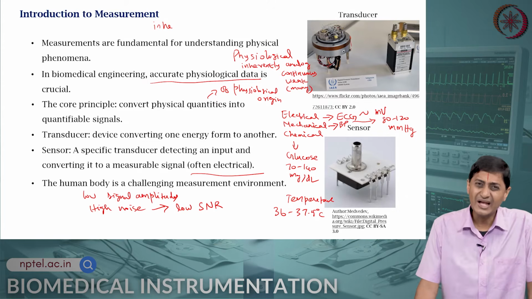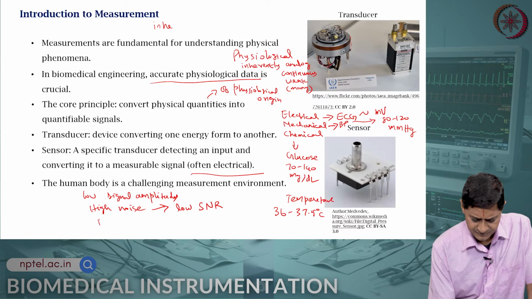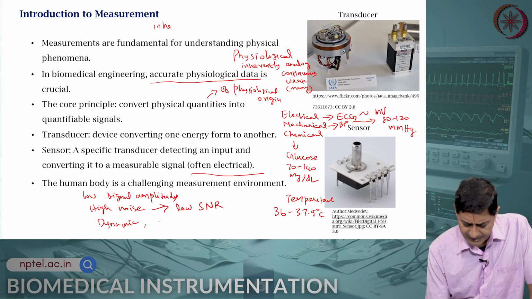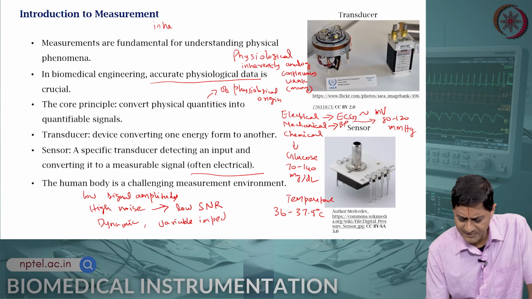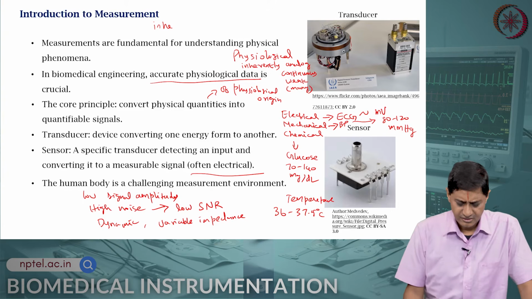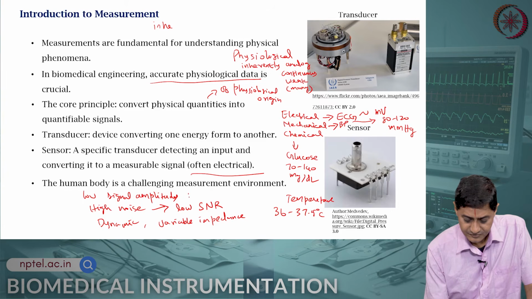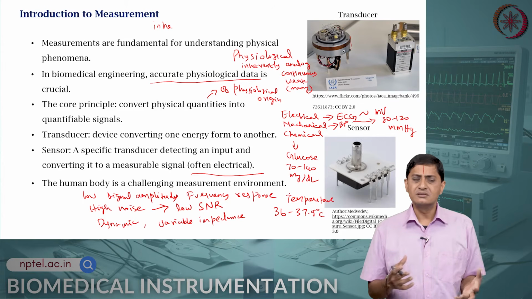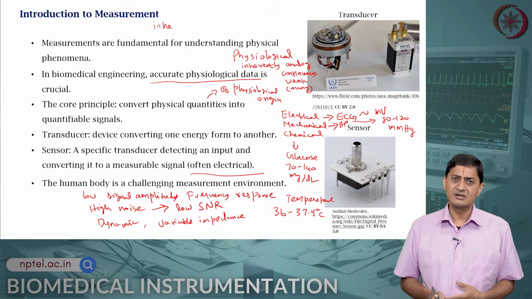Right? The dynamic range, variable impedance in different cases, impedance matching, and frequency response are all various factors that come into the picture and make the measurement in the human system a little bit challenging.